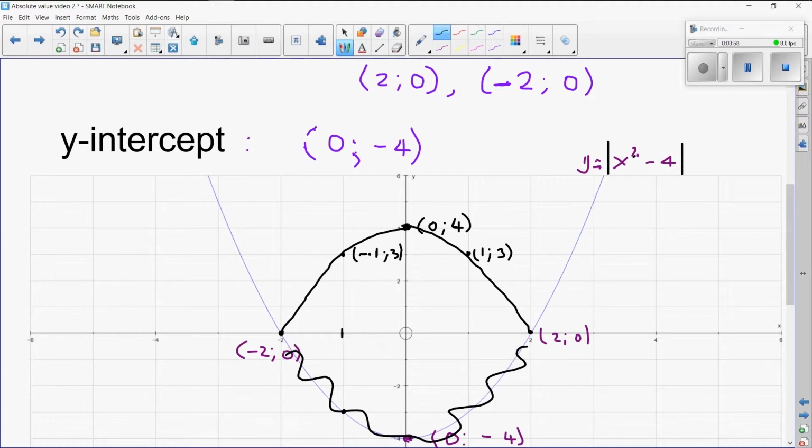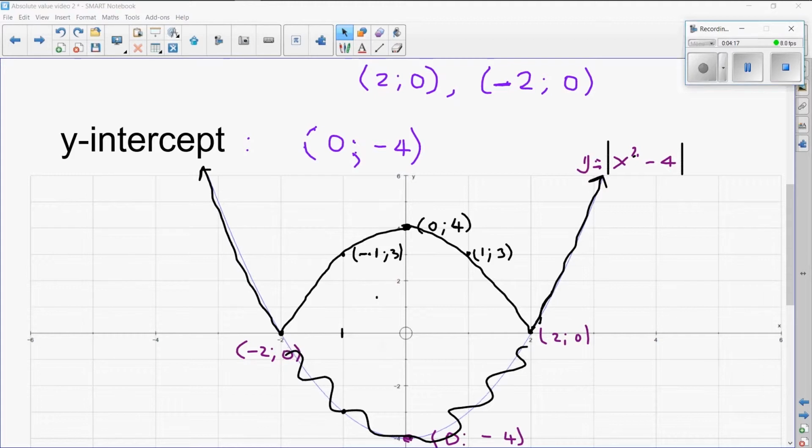And all of the parts that I'm highlighting in black, that is the graph of the absolute of x squared minus 4. So my black graph now is the graph of y equals the absolute of x squared minus 4.